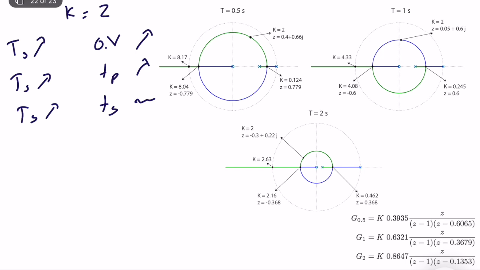There will be some small differences, but they're almost exactly the same. If I increase the sampling time while keeping everything the same, we'll see that the steady state error will also increase. So in general, if we ignore settling time, in order to improve the transient performance and also steady state performance, a lower sampling time is better.